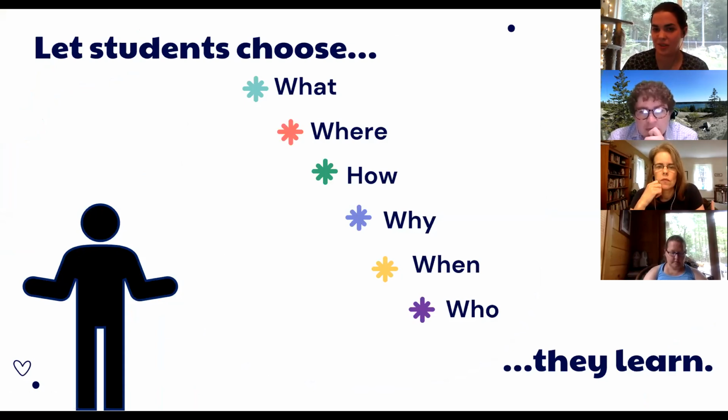You can let students choose the what, where, when, how, who, why, all of those things. You really can allow them to have a certain degree of choice in each one of these components. And so we're going to talk about each one of these briefly, and where and how you can integrate choice into these different components of the learning.